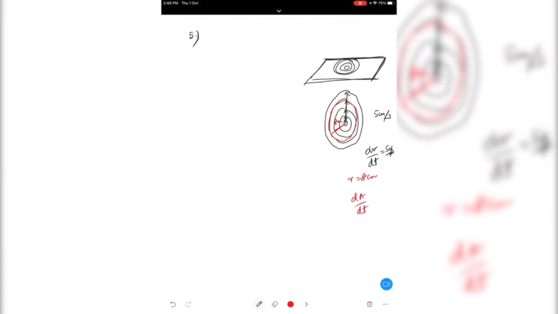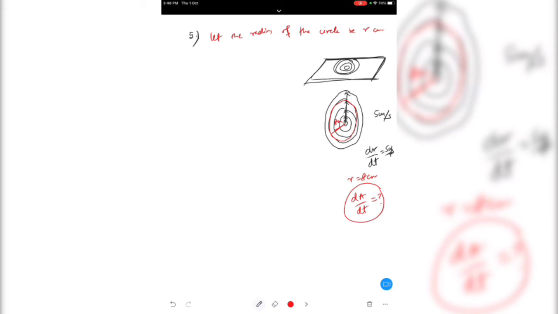So these are the facts which are given to us, and using these facts we need to find dA/dt, right? Now first thing we see that the radius is changing. So what I will do is, let the radius of the circle be r centimeter. So first I am assuming that the radius of the circle to be r centimeter, right?